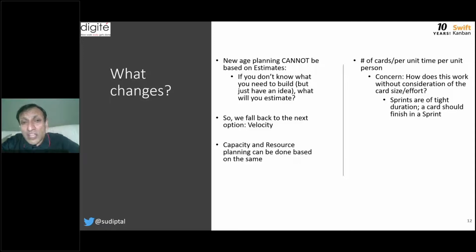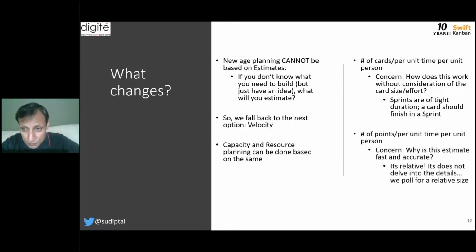There is a fair bit of flexibility in terms of how a team can play these numbers around. And at the end of the day, it becomes difficult to plan because one team's concept of points is not the same as another team's concept of points.